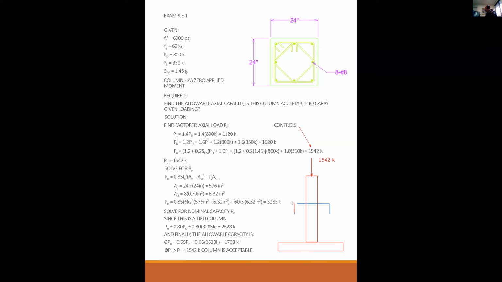If I make a slice here and I look straight down on it, this is what I see. And so this is a side view. It's being supported on the foundation, and you have 1,542 kips of load coming straight down the middle. That's what I mean by concentric. It's not off to one side or the other, causing eccentricity, and there's no bending moments applied, also causing eccentricity. So this is 1,542 kips of concentric load going straight down on that column.